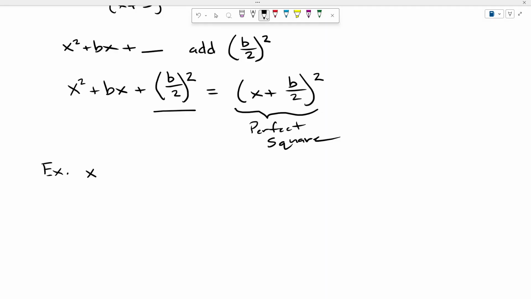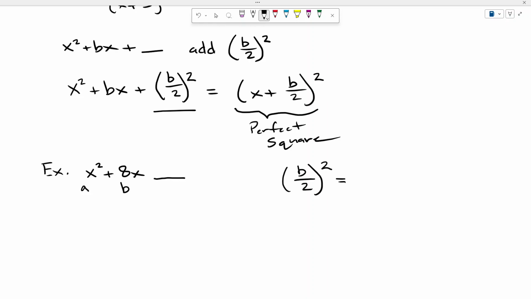So if we were given x squared plus 8x, what we want to do is just figure out what the constant is that we are adding that will give us a perfect square. That's all we're doing for this. All right, so we know that's our A, this is our B. So what we said for completing the square is we take B over 2 and then we square that.